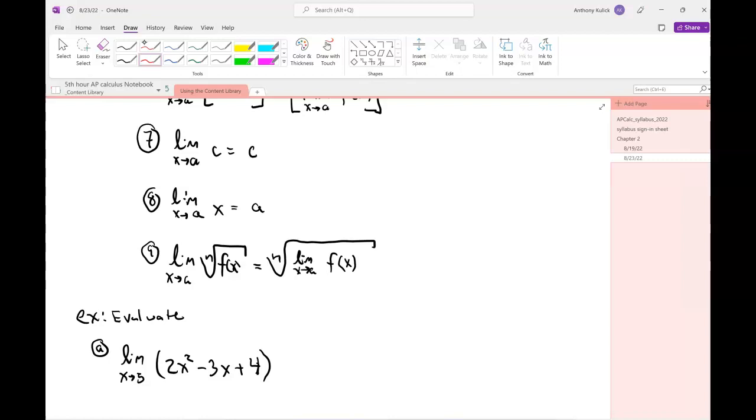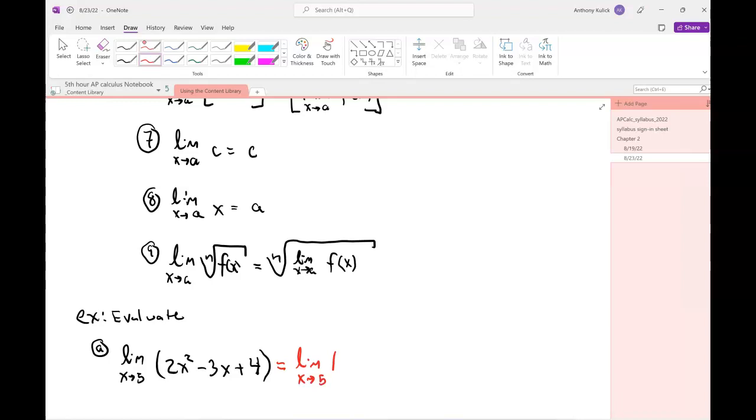So are we expanding first? Not quite. Would the first thing you do be to move the exponent outside? No, because the exponent isn't applied to the entire function. Right, okay. So the first thing I would do is use properties 1 and 2. Oh, for the plus and minus. So I'm going to write this as 3 separate limits.